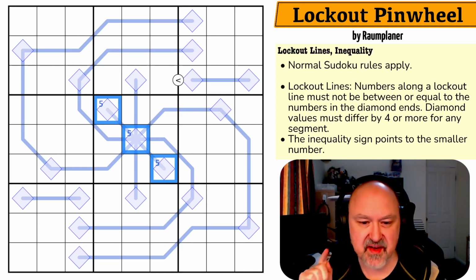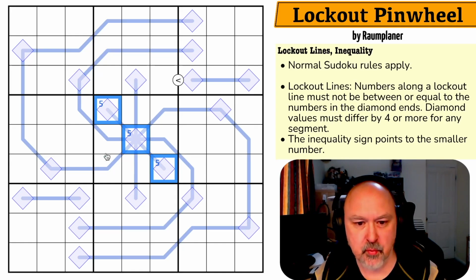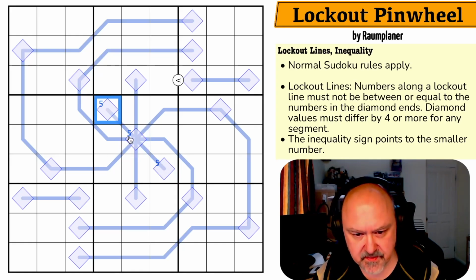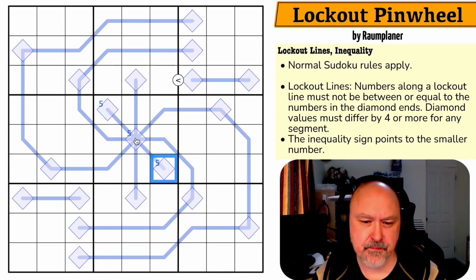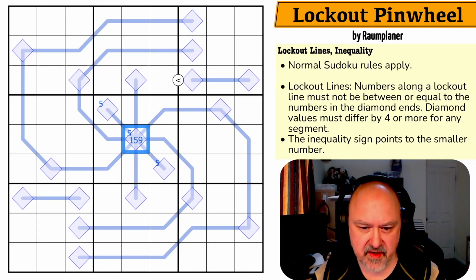Now, there is another interesting trait about 5s, which is because of the 4 difference. If this is a 5, this would have to be a 1 or a 9. If this is a 5, these are both 1 or 9s. If this is a 5, these are 1 or 9. But I'm not sure. So this is 1, 5, or 9 is what I'm learning. Because if this is a 5, this is a 1 or a 9.